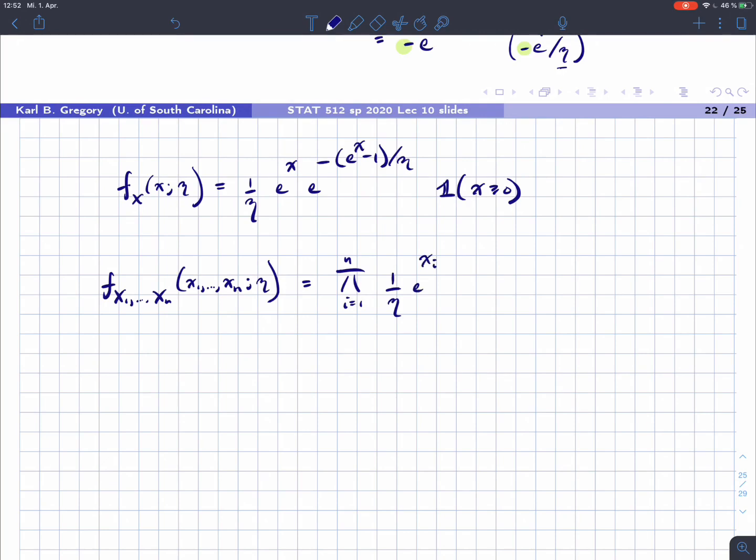So I'm just going to put xi everywhere I have an x, xi greater than or equal to 0.